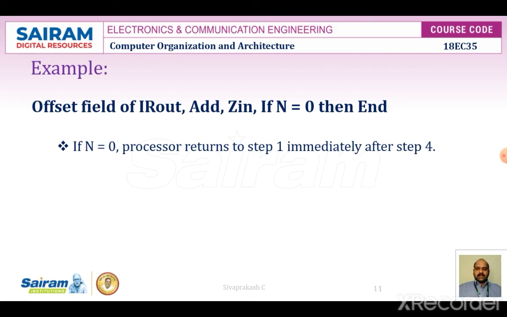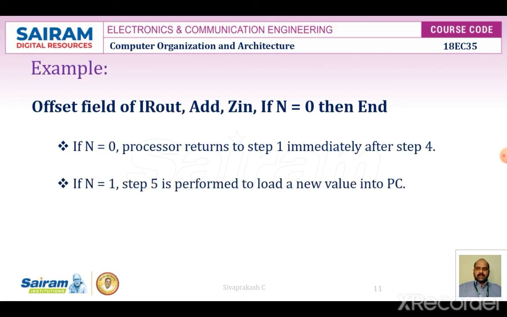If N is equal to 1, it proceeds to the next step. Step 5 is performed to load a new value into the program counter, thus performing the branch operation. This is then the actual execution of a branch instruction operation.